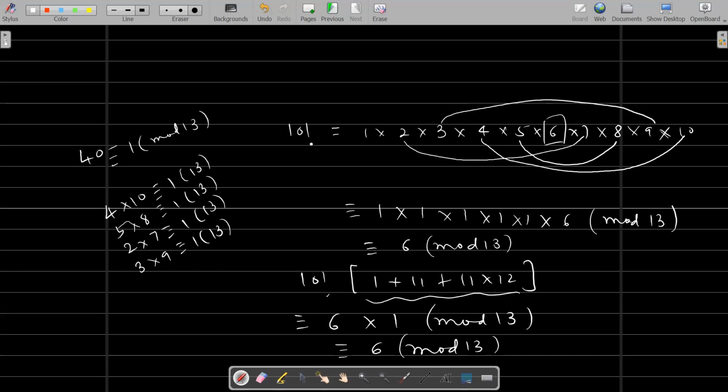So there is a lot of room for error. Everyone has followed that if we divide 10 factorial plus 11 factorial plus 12 factorial by 13, the remainder is 6. We are not bothered about what the quotient is. It will be a big number.